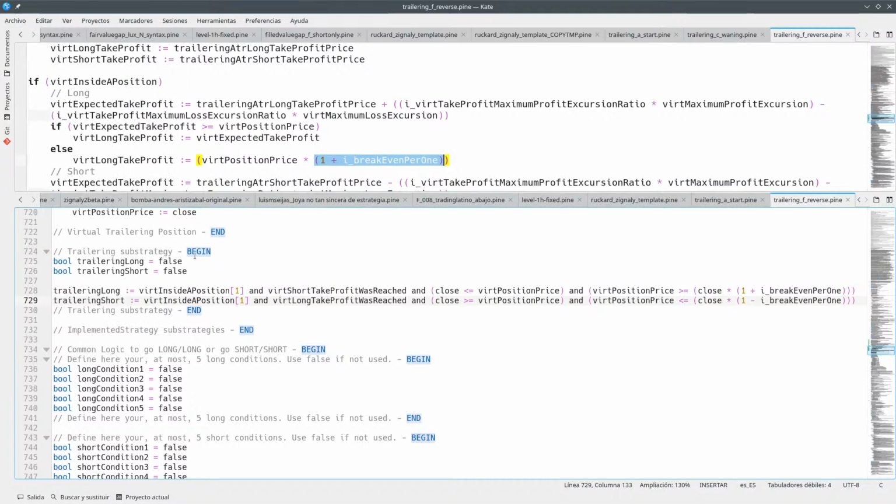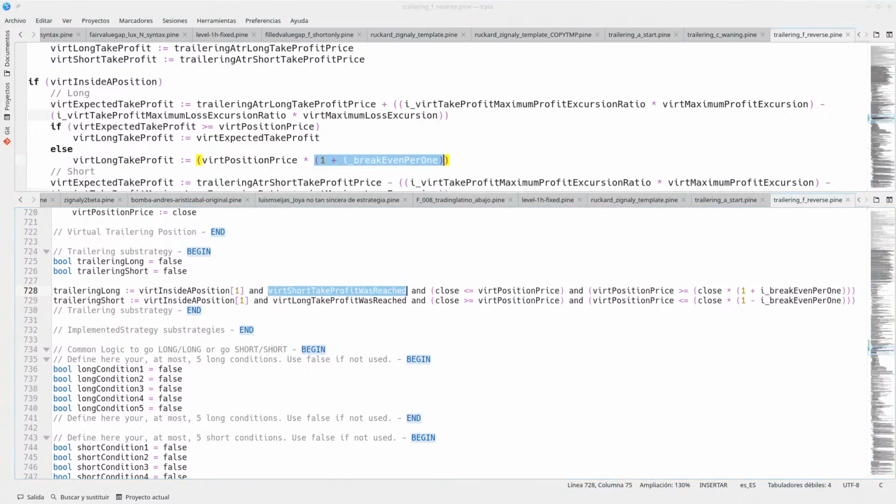Yeah, so here we have the next conditions. The only thing that is not right is this might be a 7 instead of break-even per 1, and also this was reached. Yeah, we need to modify the take profit.